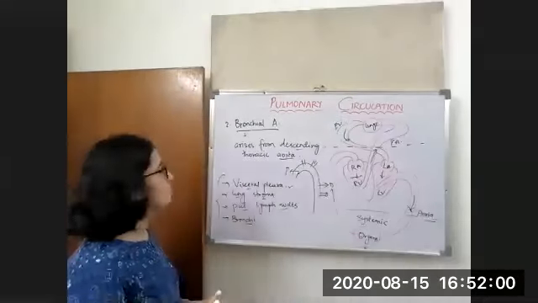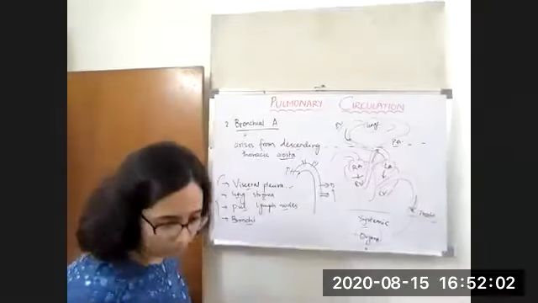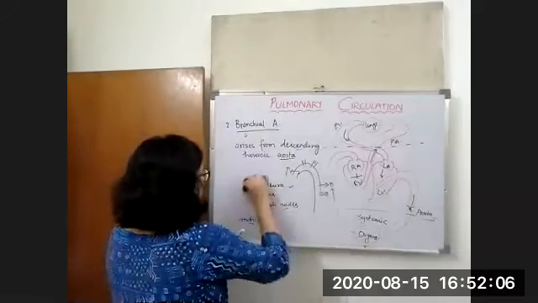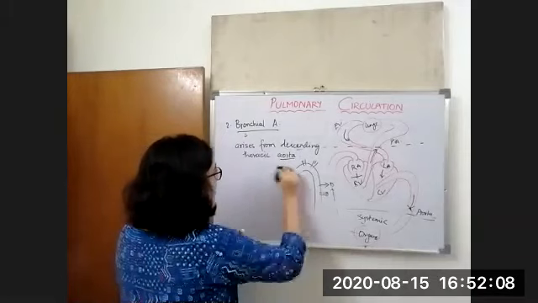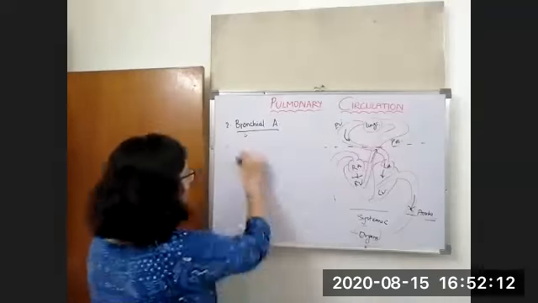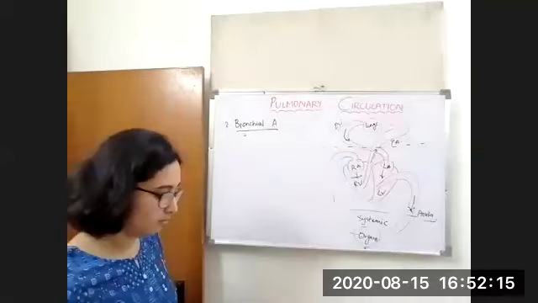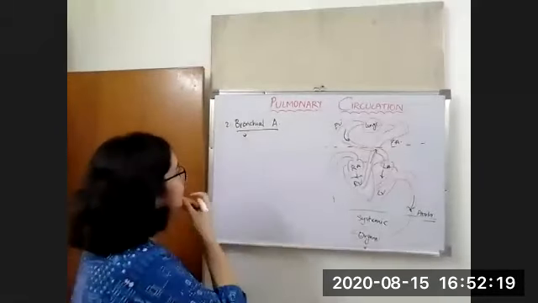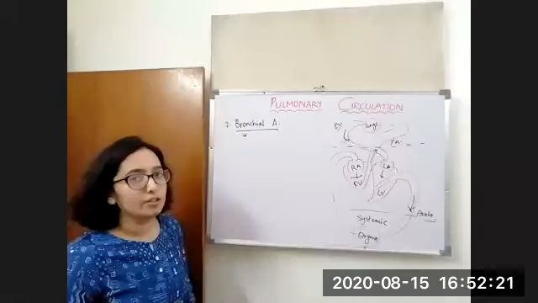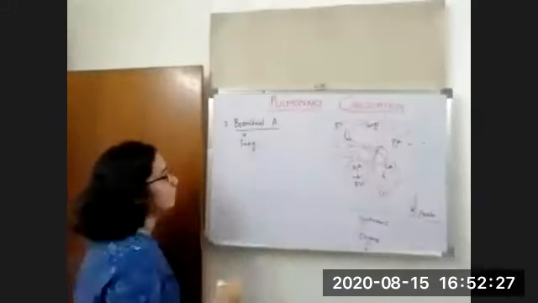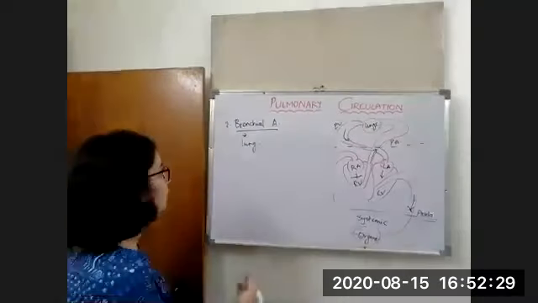Now we'll see the division of bronchial artery. So the bronchial artery arises from the descending thoracic aorta. Then it supplies the various parts we saw: the lung stroma, the lymph nodes, the bronchi, the pleura.